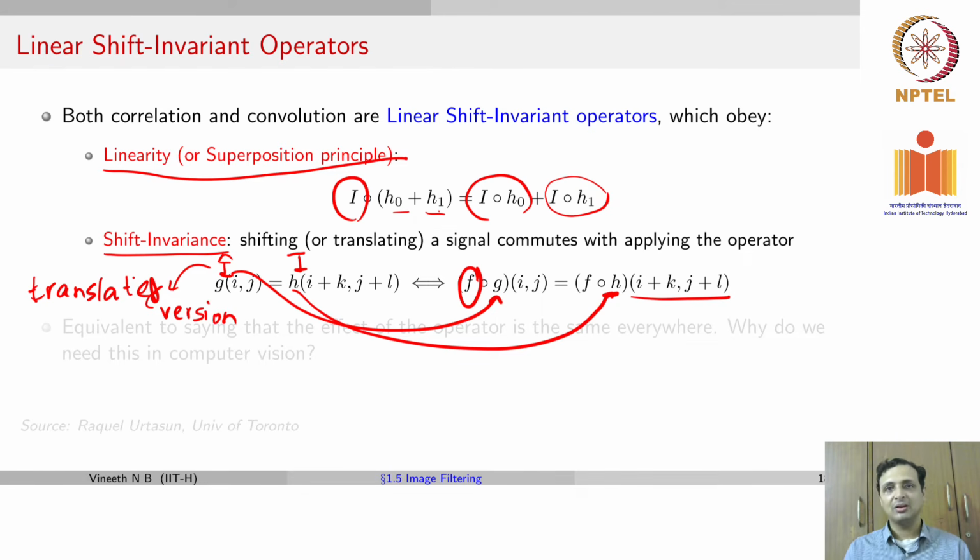Why is it important? If you have a cat at the top left of the image or a cat at the bottom right of the image, and you use a particular filter, it will give you the same output whether the cat is located at the top left or the bottom right. That is what shift invariance is, and that helps convolution induce translation invariance into any approach that uses convolution.